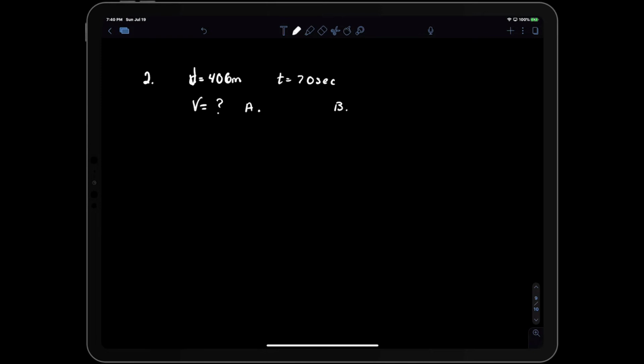For part A, it wants it in meters per second, and then for part B, it's kilometers per hour. So we need the formula. Same thing as before, distance over time. So our velocity, you're going to have 406 meters in 70 seconds. So for part A, we'll have 406 divided by 70. It's going to be 5.8 meters per second.